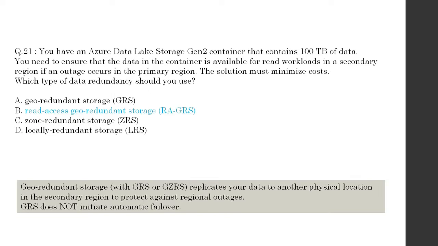That's why we select geo redundant storage. If you select A, GRS does not initiate automatic failover. So the best option here is B. If option B is not there, then you can select A, geo redundant storage. That is also a correct answer for this question.